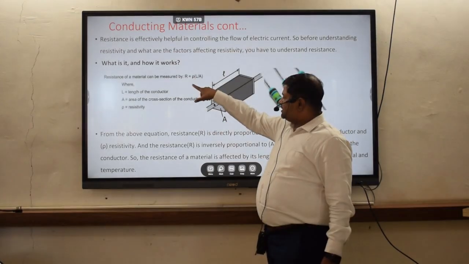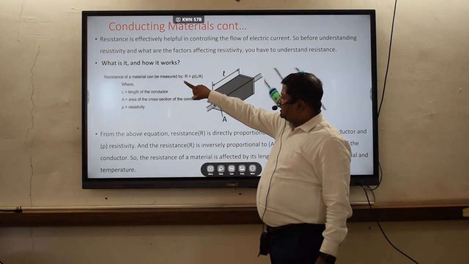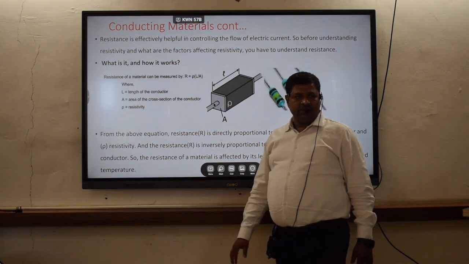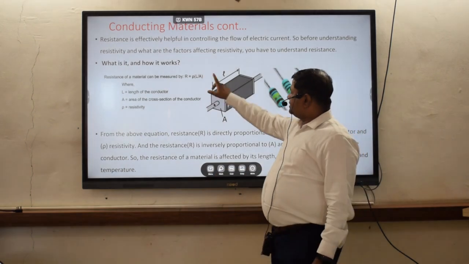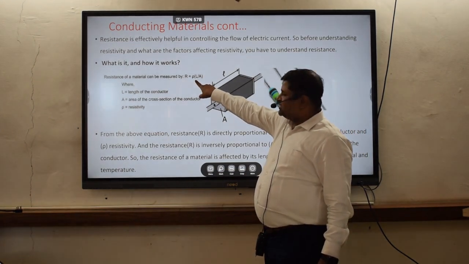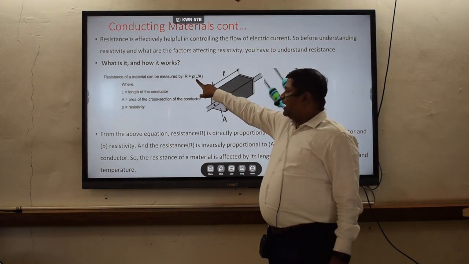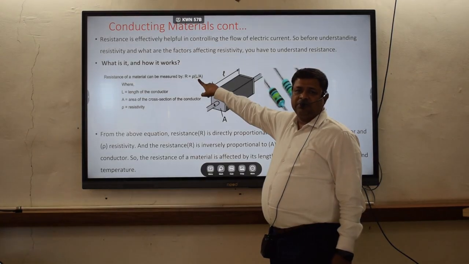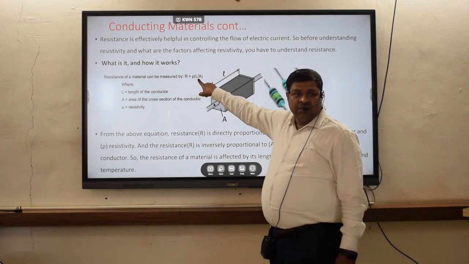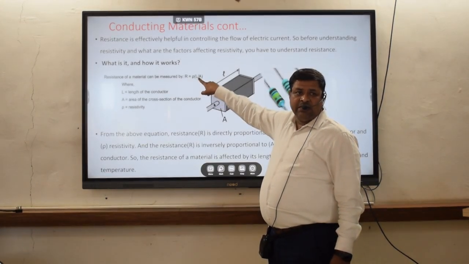From this equation we can say that the resistance offered by the material to the flow of current is always directly proportional to the resistivity and the length of that material.